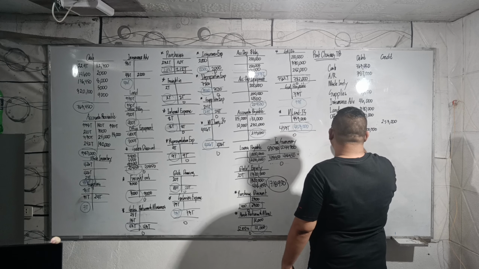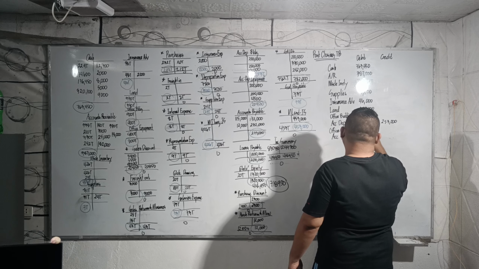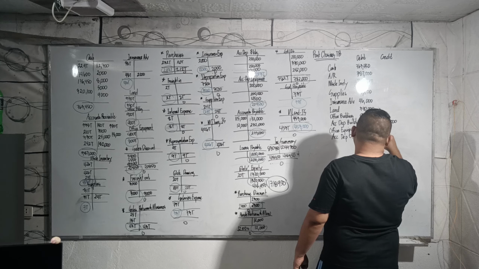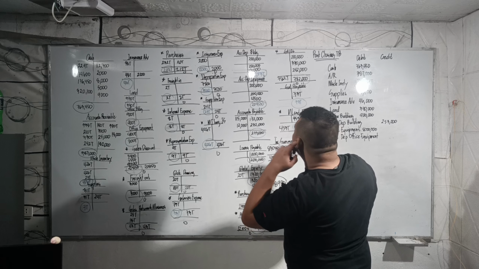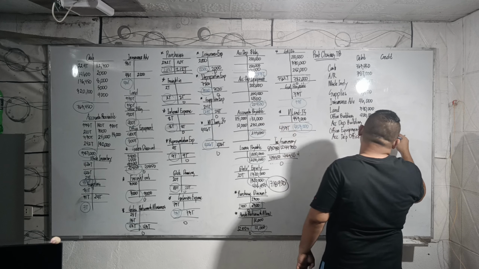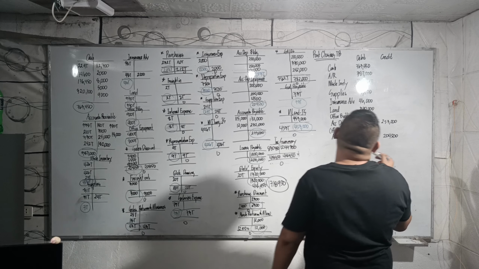The accumulated depreciation office equipment is 204,500. I need to be careful.